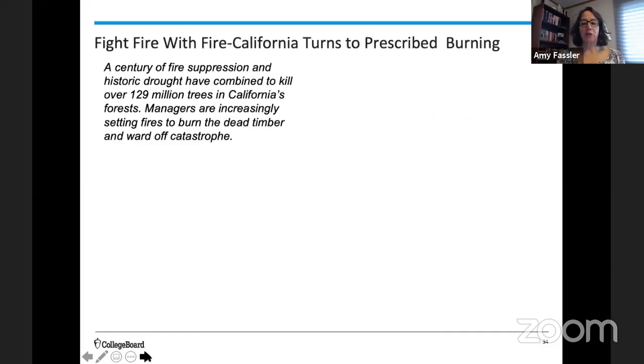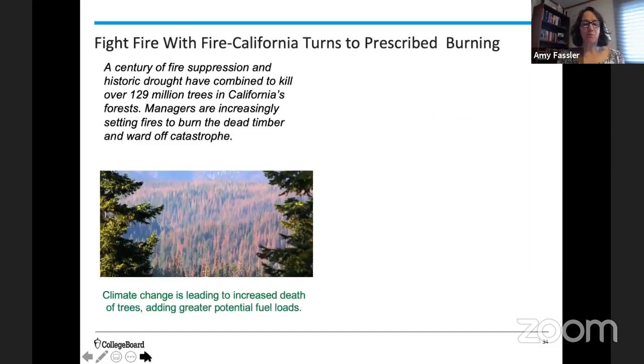I'll just mention a little bit about prescribed burns, both in a forestry setting. The state of California has embraced prescribed burning because they had a lot of fire suppression and built up a lot of that fuel load. And their problems are being exacerbated by climate change, which is causing death of more trees, which means there's more dry wood and more fuel for a severe fire.